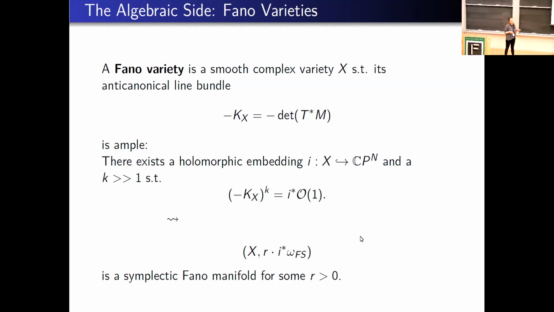So loosely speaking, a Fano variety is automatically a symplectic Fano manifold.